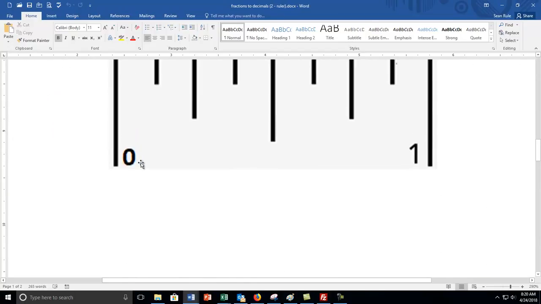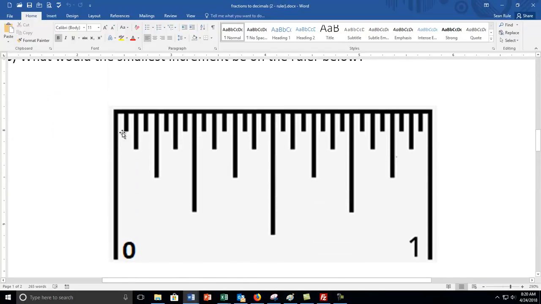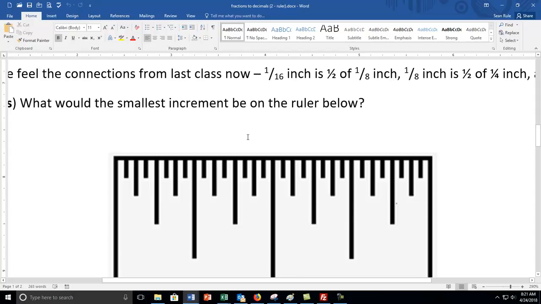But down here, between 0 and a half would be here, there's 16. 1, 2, 3, 4, 5, 6, 7, 8, 9, 10, 11, 12, 13, 14, 15, 16. Which means 17, 18, 19, 20, 21, 22, 23, 24, 25, 26, 27, 28, 29, 30, 31, 32. This is a 32nd ruler. 1/32 is the smallest increment on this puppy dog.